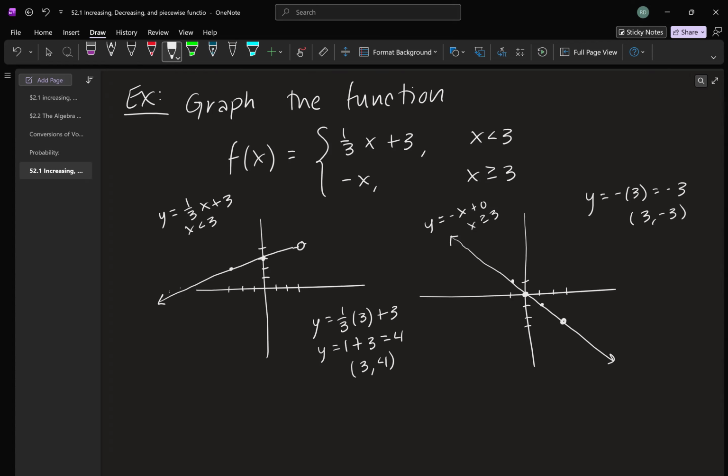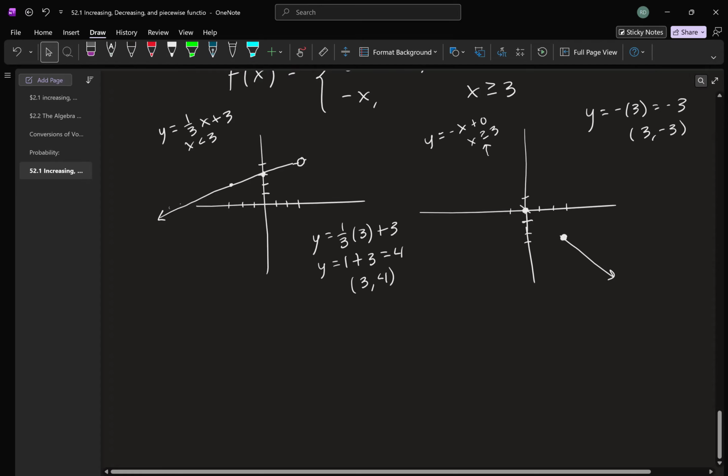It's a closed circle this time because it is the "or equal to." Then we're going to treat this like an arrow and it goes to the right. So you're going to ignore everything to the left, AKA, you're going to erase it. I'm going to try to erase this without erasing too much of my graph. So it'll end up looking like this.